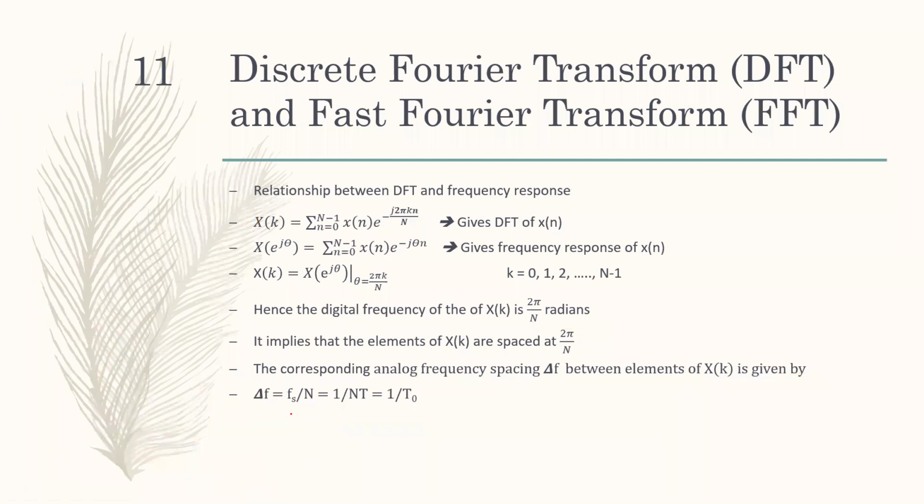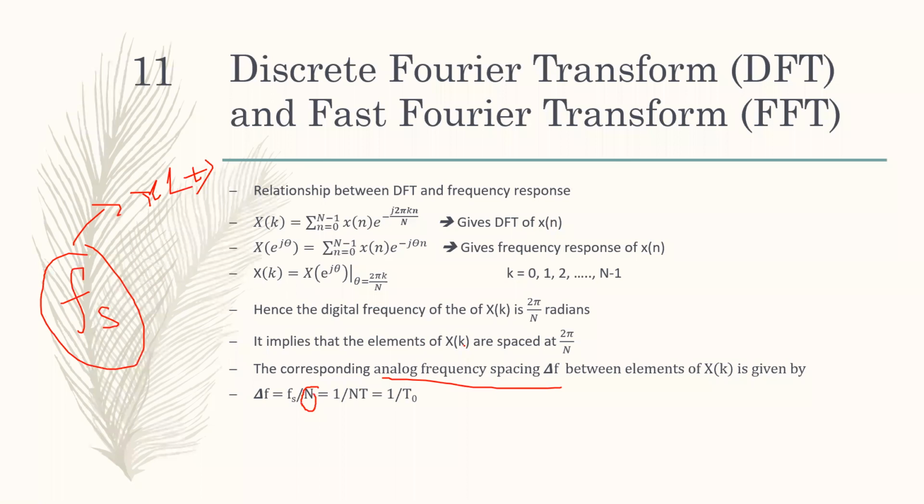So in this case, if I want to identify the analog frequency spacing between the samples, I have to consider the sampling frequency, which is utilized to obtain the samples of x of t. And how many samples have I got?